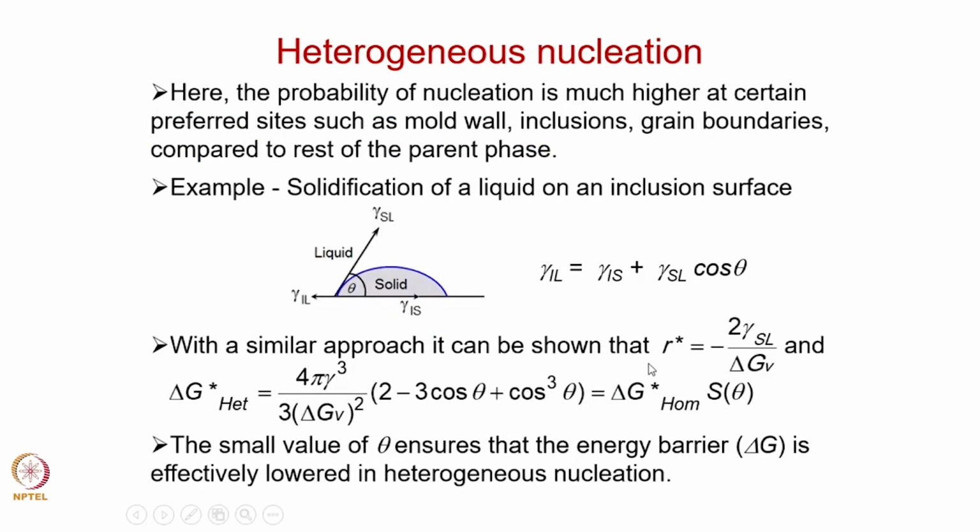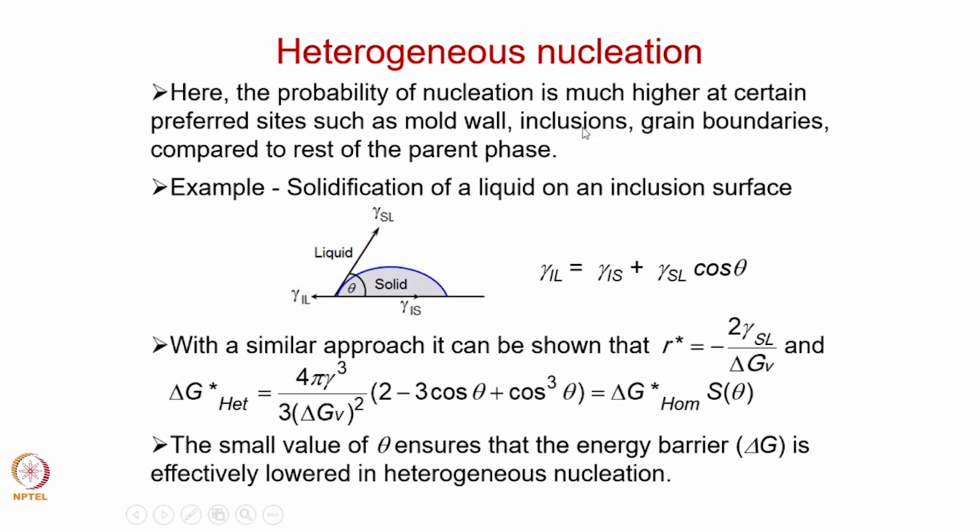So what is different in heterogeneous nucleation? In the heterogeneous nucleation, you have some preferential sites for the nucleus to form, right? It is not going to be uniform anymore, as you have seen for the homogeneous case, right? So the nucleus will tend to form at some preferred sites, such as the mold wall, when you are pouring the liquid metal into the mold.